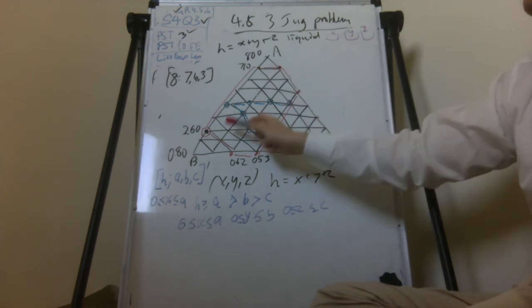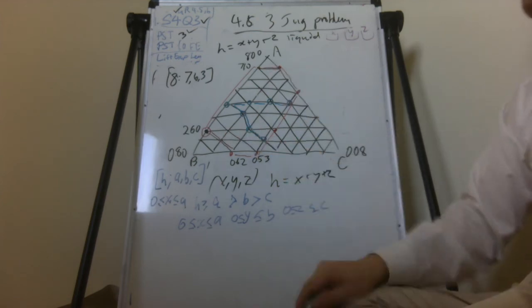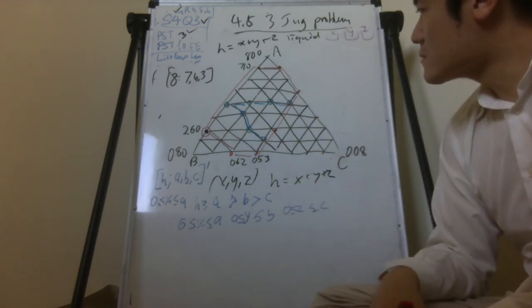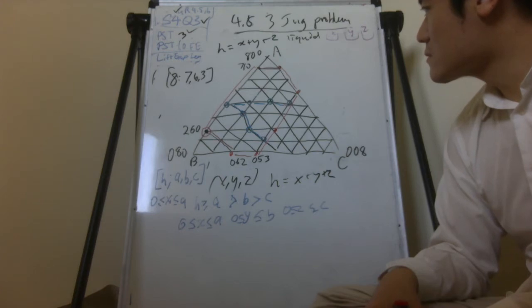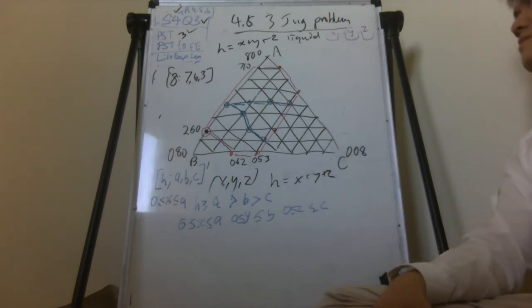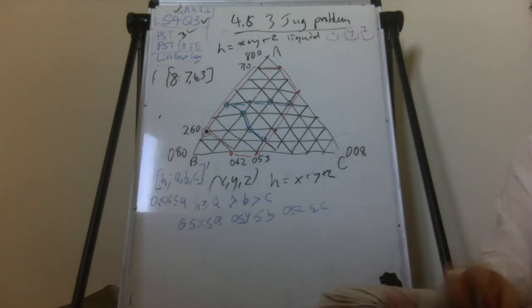Then you go down here, and then you get to here. But it tells you that the points 0, 5, 5, 5, 0, 5, and 5, 5, 0 are not reachable. That is so cool.